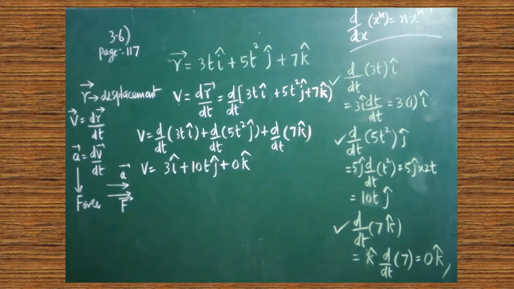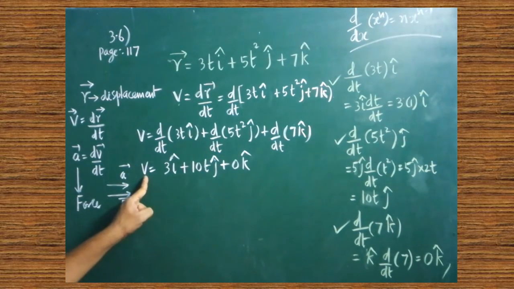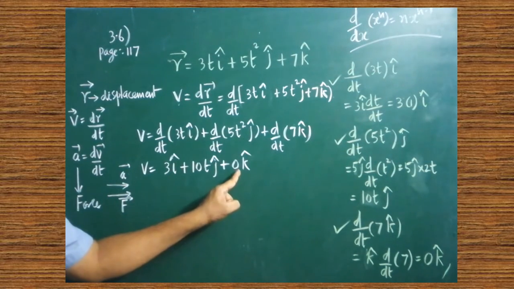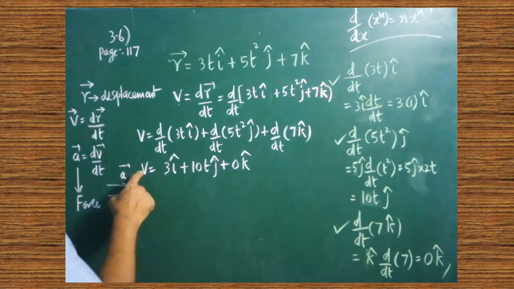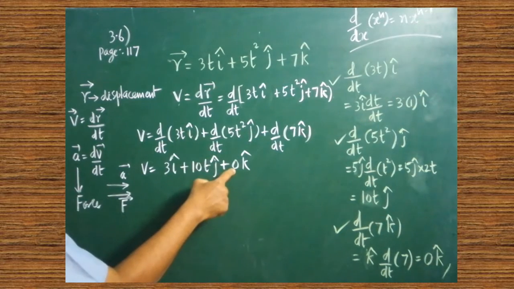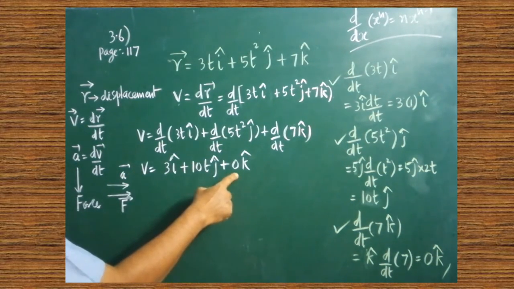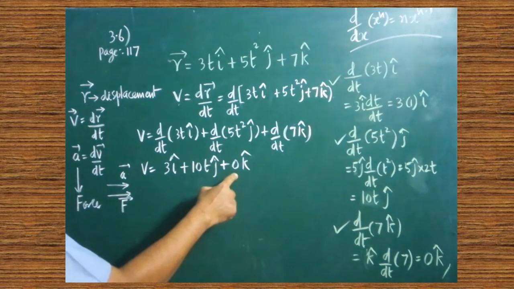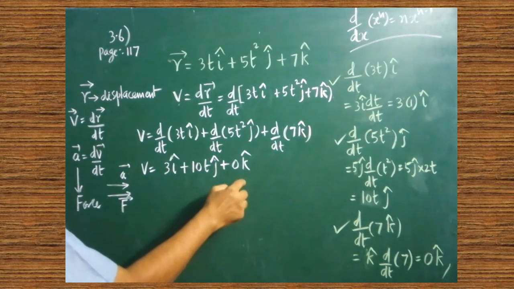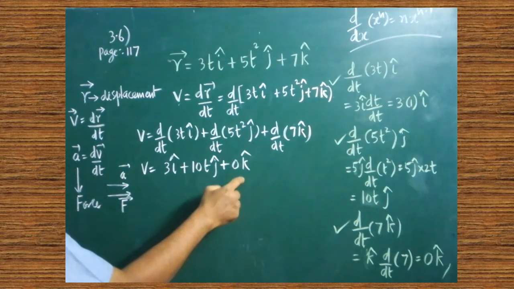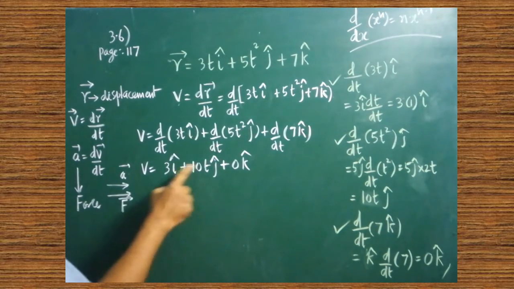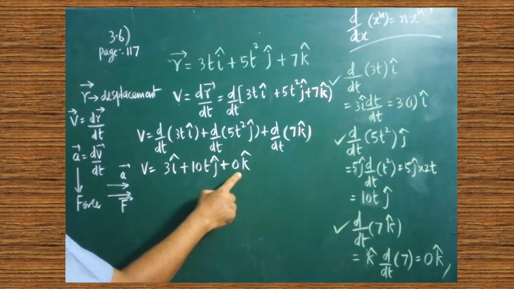Here I would like to tell certain important conclusions. Because there is no component along the z axis, the component of the velocity along the z axis is 0. So velocity is not acting along the z axis. There won't be any velocity component along which axis?